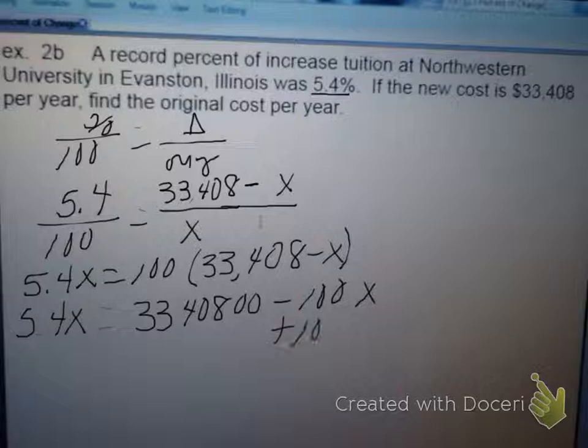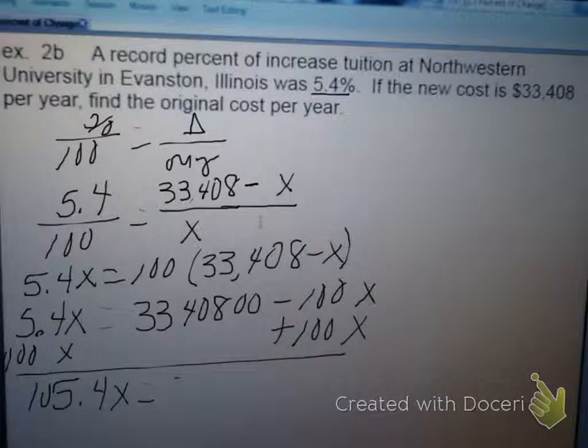We're going to add 100x on both sides. Now make sure you line up your decimals here. So it's 105.4x is equal to 3,340,000.